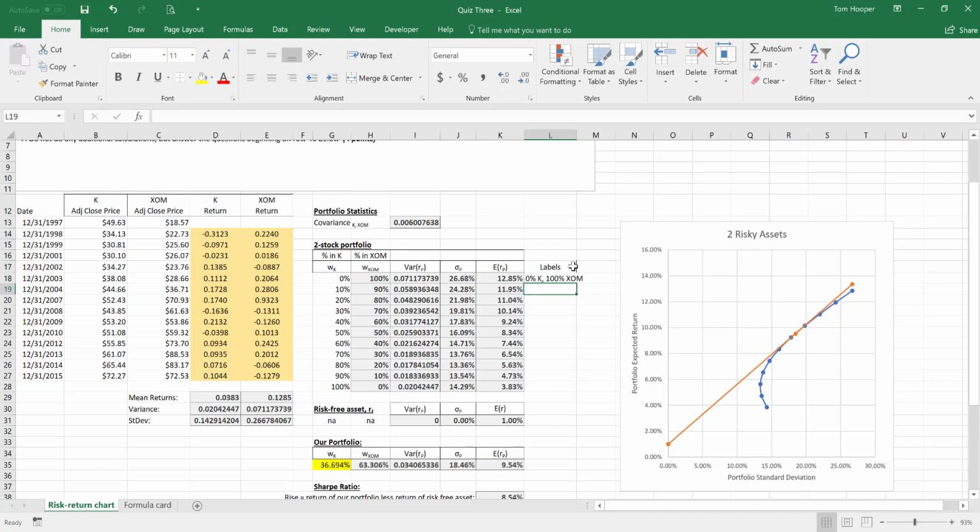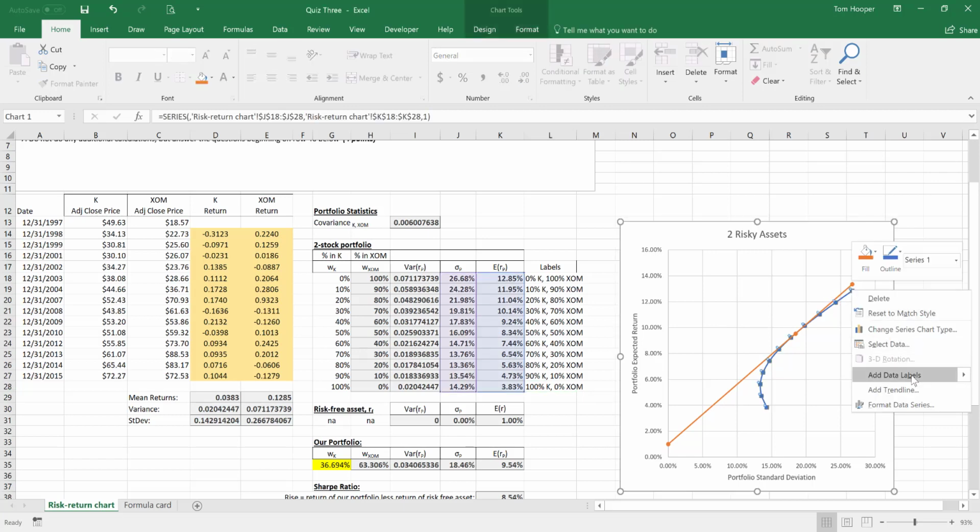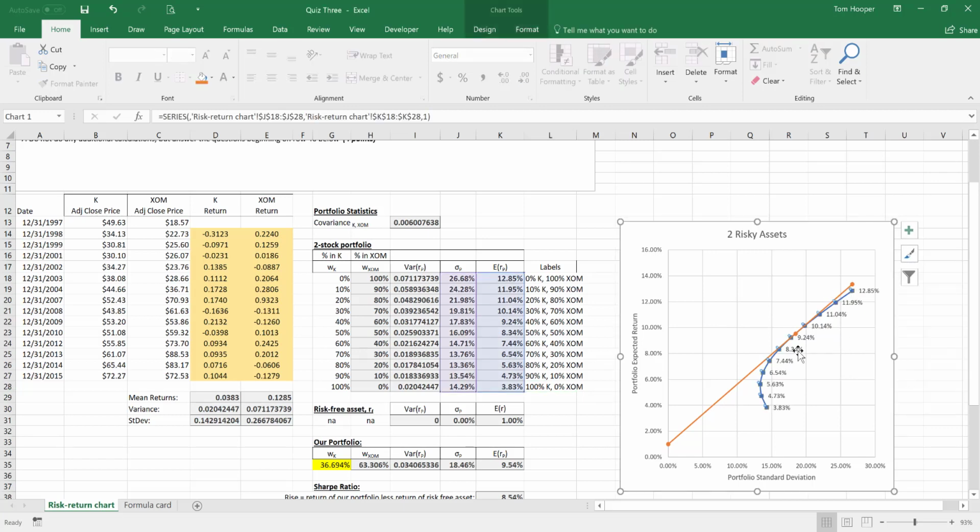So that's a very helpful label on our graph. I think there's been a lot of confusion about which end is ExxonMobil and which end is Kellogg. So now we know we have built a label that looks at these two cells, or these two cells, to tell us how much is in Kellogg and how much is in ExxonMobil. Now we'll add the data labels as we've done in class.